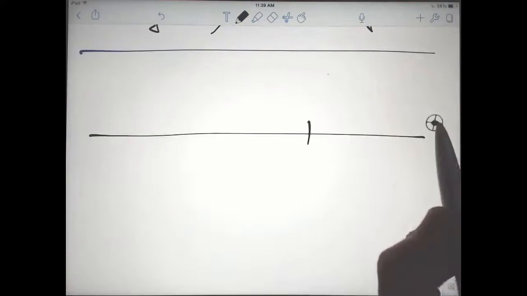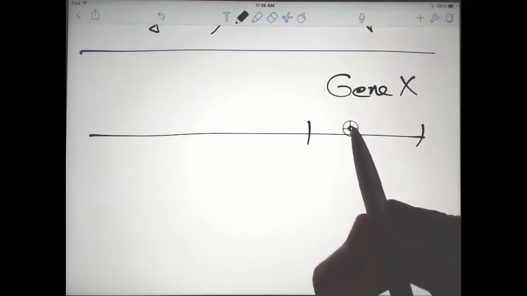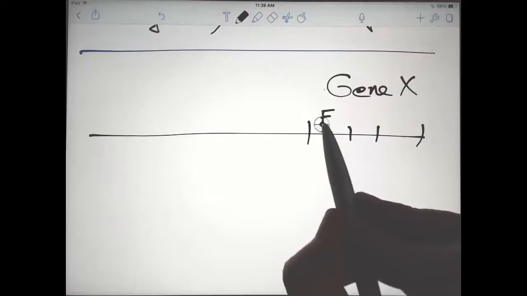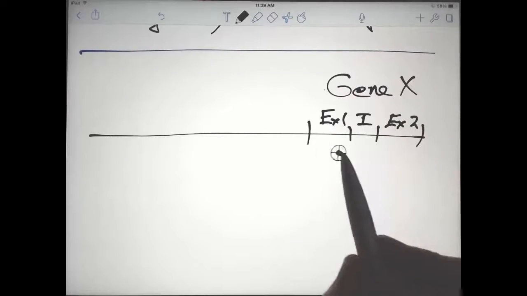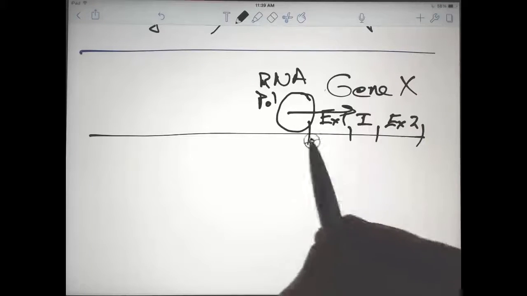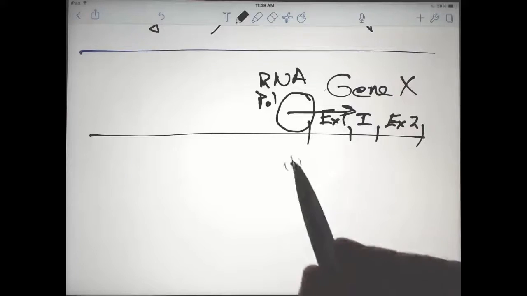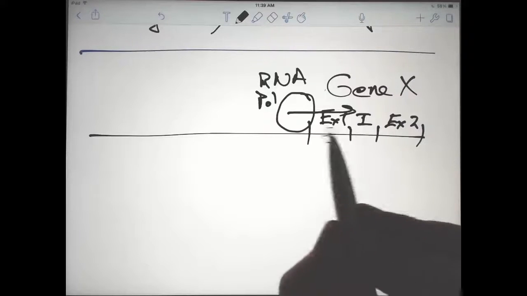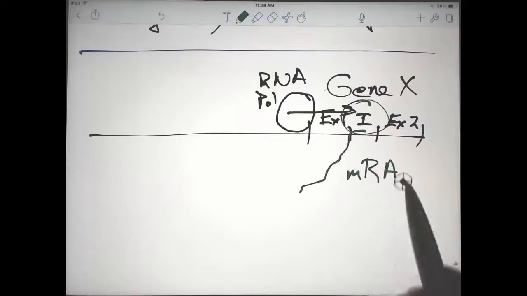So let's imagine, here's the coding region of gene X. Remember, it has exons and introns, exons expressed. And I'm going to draw one here that has 2 exons. And when RNA polymerase moves along, it separates the 2 strands and it makes a messenger RNA that complements one of those strands. So as it moves along, we get a messenger RNA strand unrolling.